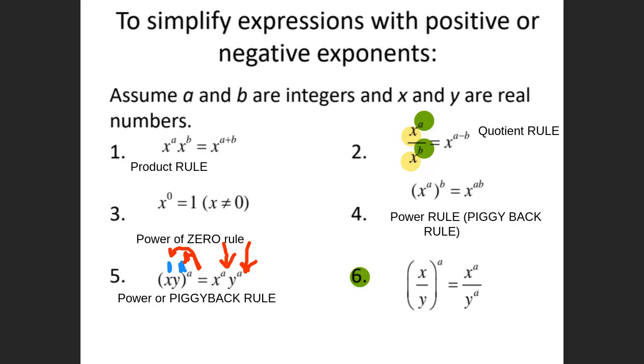Now, number 6 is an old rule. This is the product rule of fractions. This fraction has a different numerator and denominator.